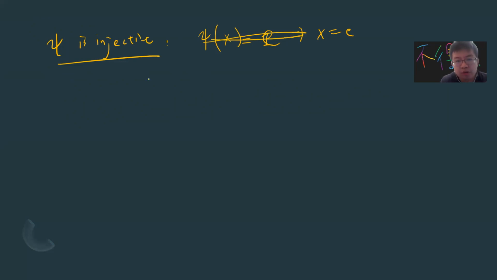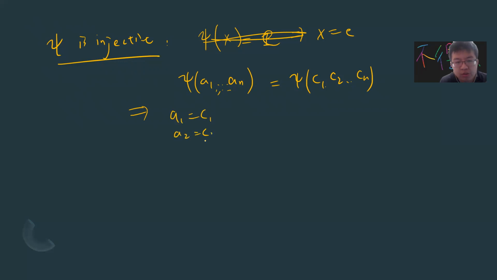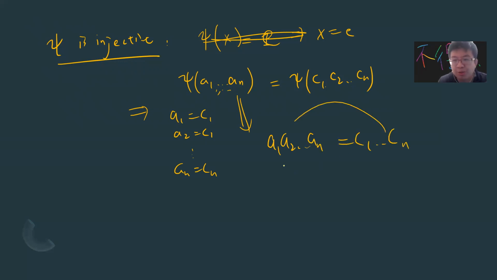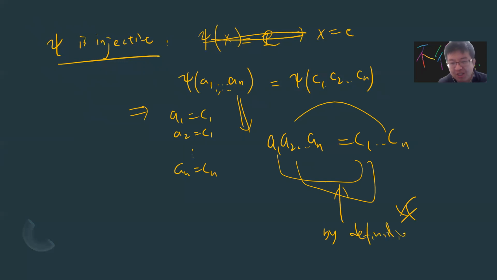Or basically, I want to prove that if phi of A1 up to An is the same as phi of C1, C2 up to Cn, then A1 is the same as C1, A2 the same as C2, An is the same as Cn. By this definition, A1, A2 up to An equals C1, C2 up to Cn, and then by the definition of the inner direct product, the decomposition is unique.